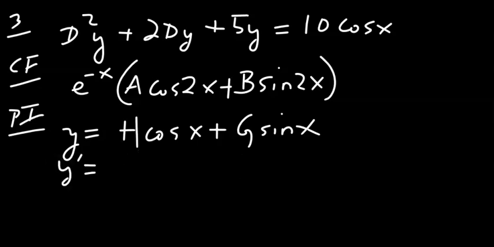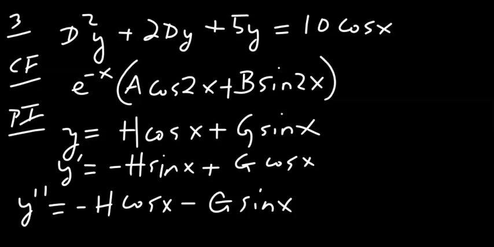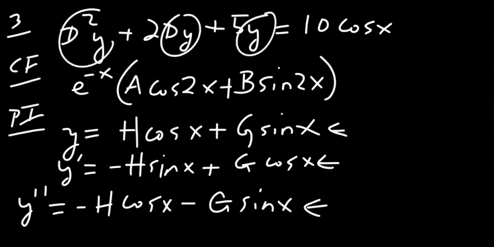Y prime is minus h sine x plus g cosine x. Y double prime is minus h cosine x minus g sine x. Let's substitute this, this, and this in here, here, and there.